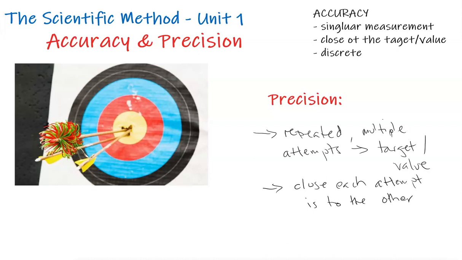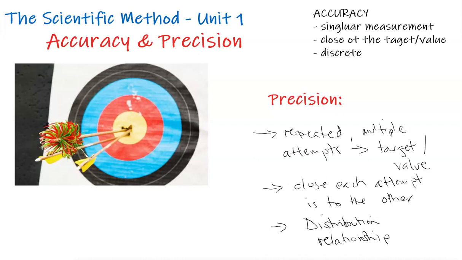So it is the distribution of the attempts and the relationship between them, like how close they were all together. So this can relate to accuracy, or could be completely different.